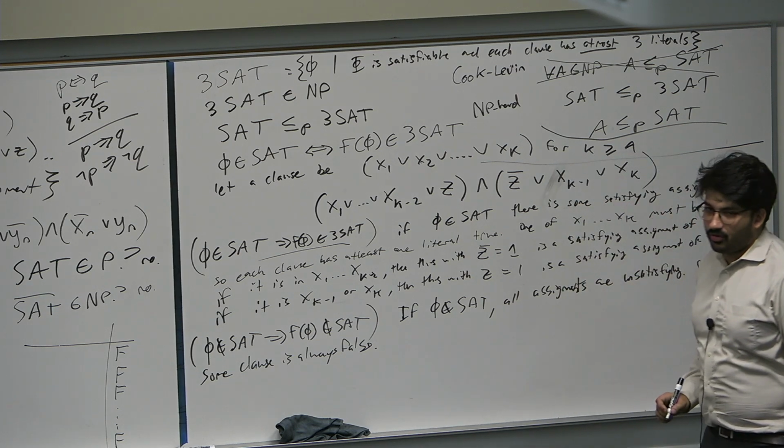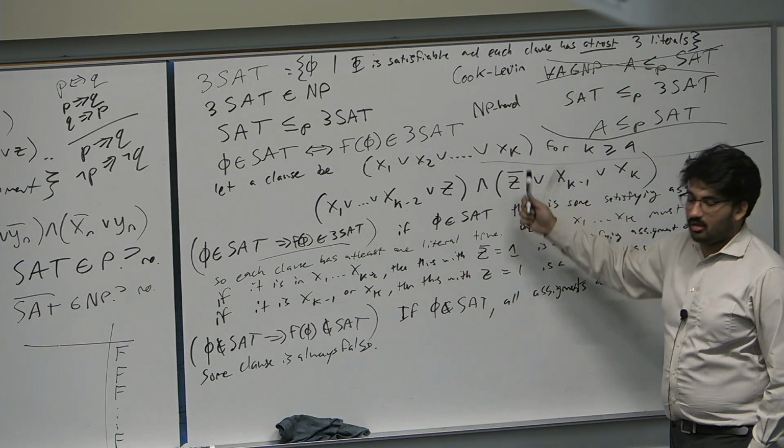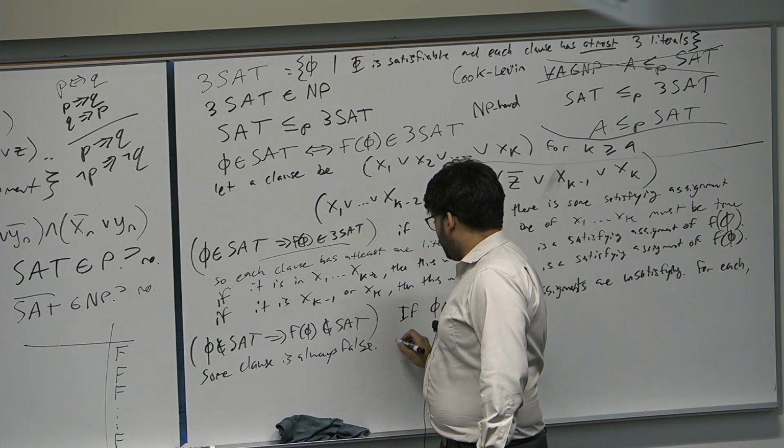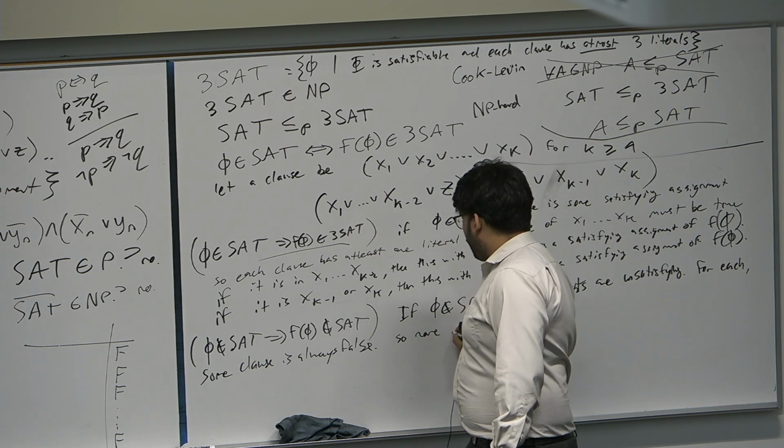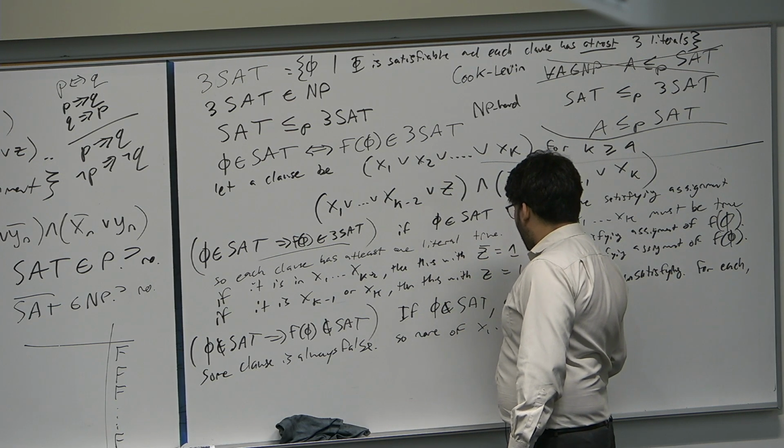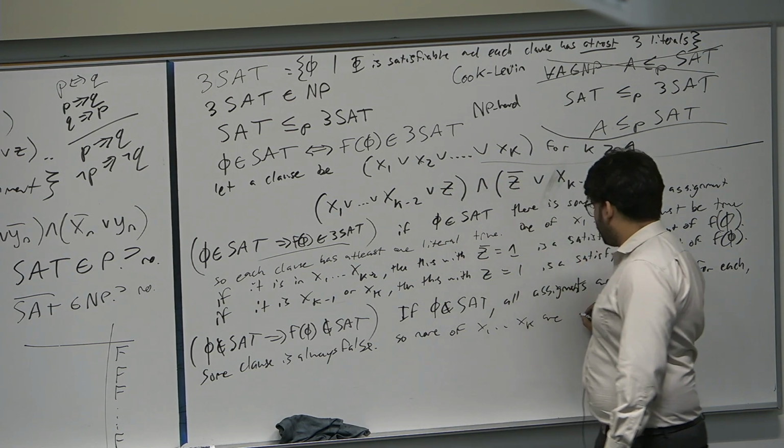Some clause is always false. Let it be this clause. So none of x1 to xk are true.